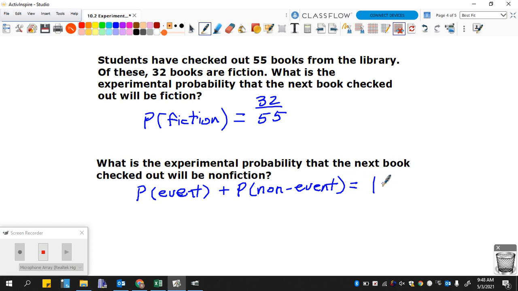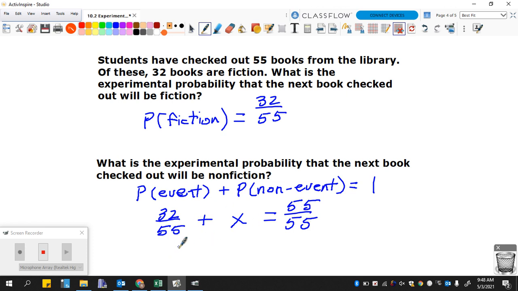Okay, so what we have here, the probability of the event of choosing a fiction book is 32 out of 55 plus x is equal to 1, but we're going to write that as 55 over 55, because remember 55 over 55 is 1.